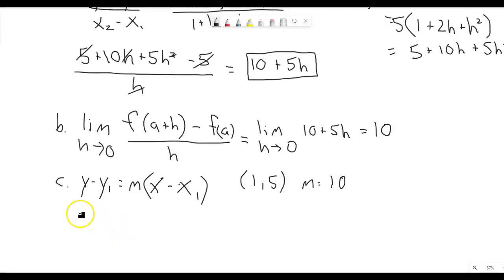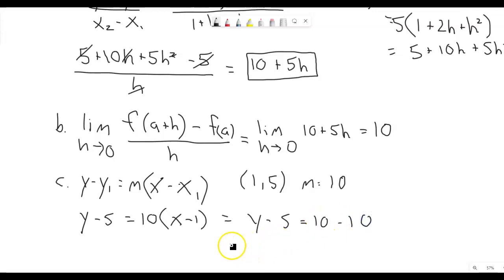If we plug this in, y minus 5 is equal to 10 times x minus 1. We just need to solve that. So y minus 5 is equal to 10x minus 10.